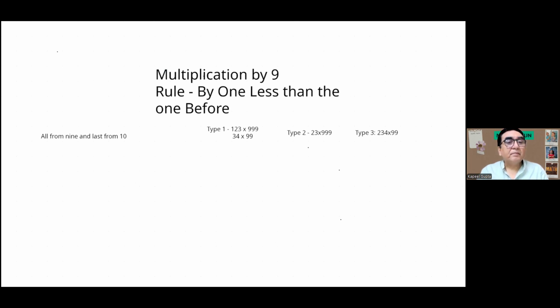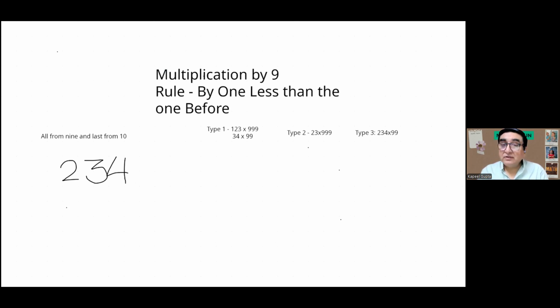Okay, let's say my number is 234. I have to find out the complement of this number. So I will subtract 2 from 9, as I said, all from 9.